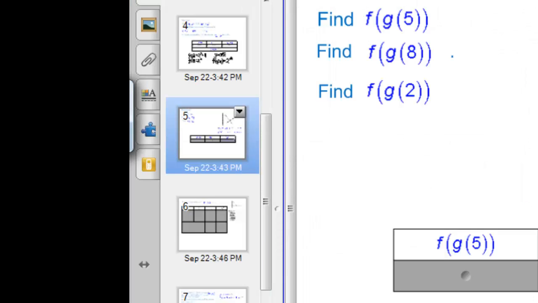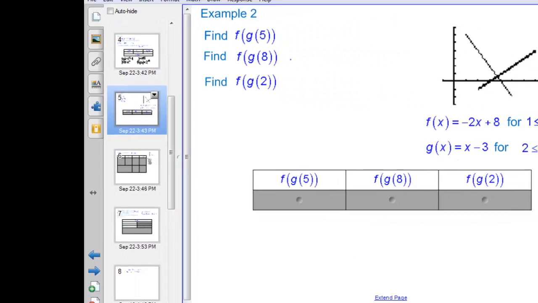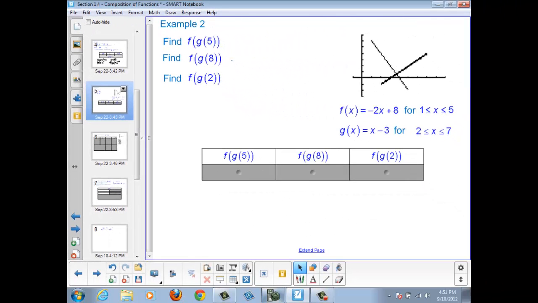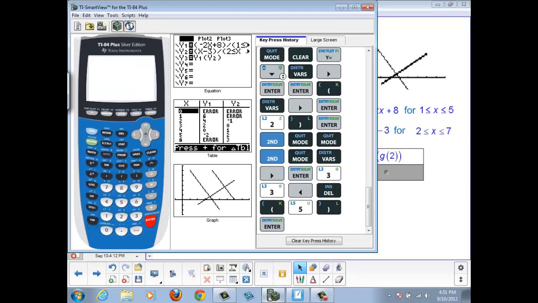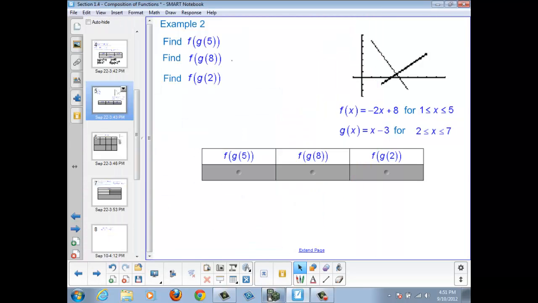If I plug 5 into g of x, I should get 5 minus 3 is 2. And then plug 2 into f of x. Negative 2 times 2 plus 8 would be negative 4 plus 8. So it should be 4. We get 4.